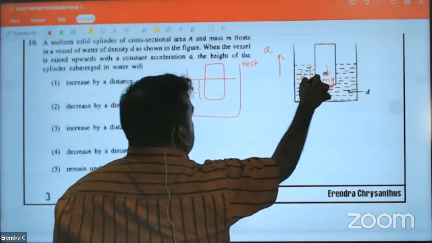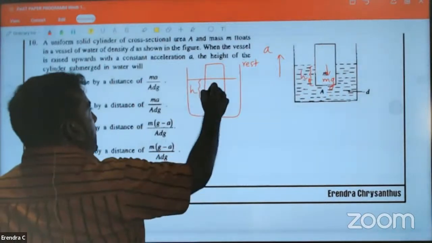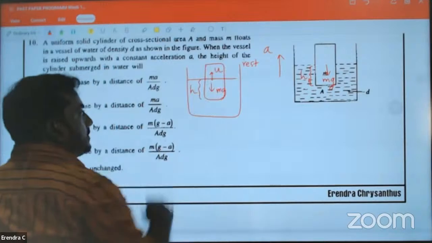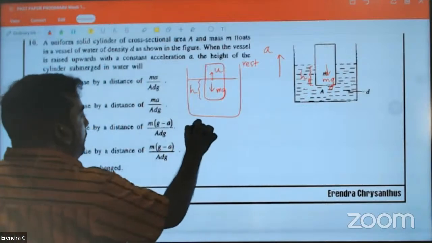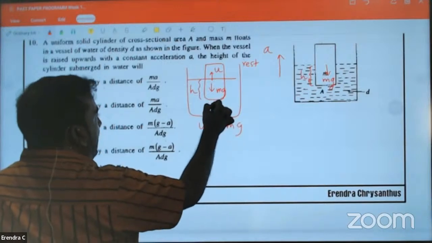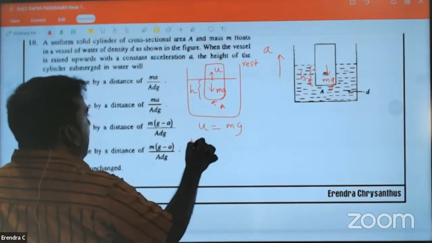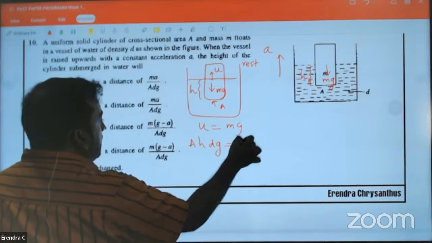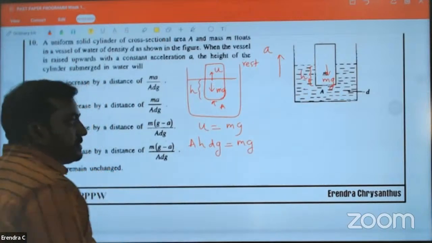Let's call this H1. Here mg balances upthrust. Upward forces balance downward forces: A H dg equals mg.